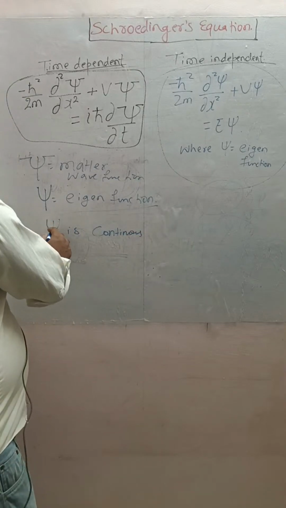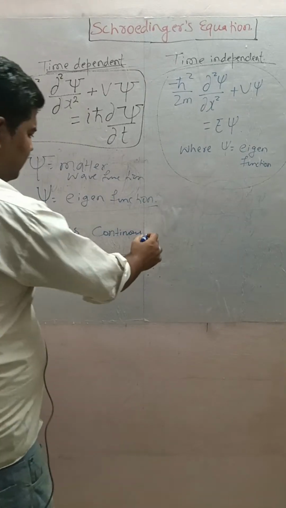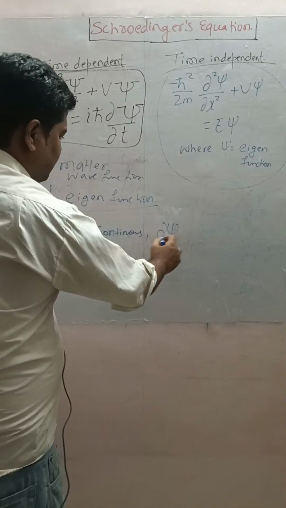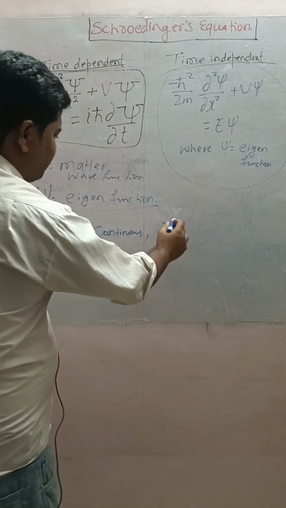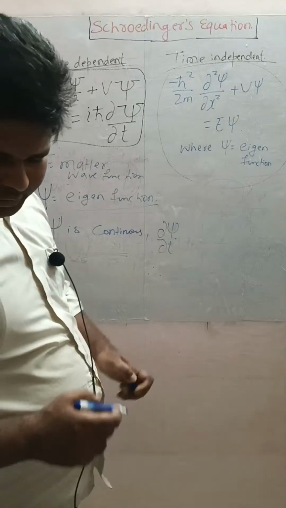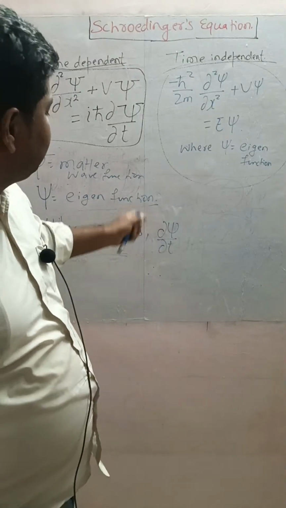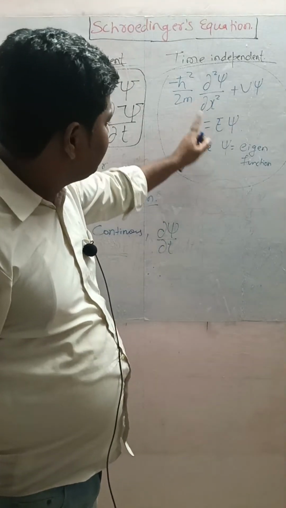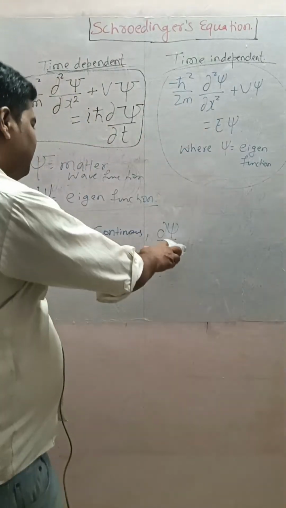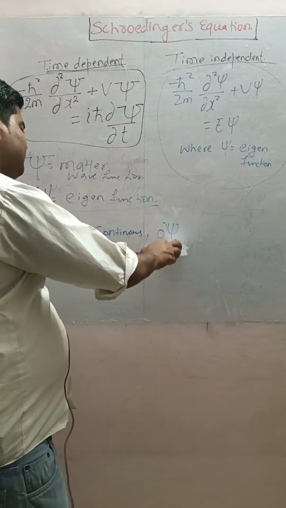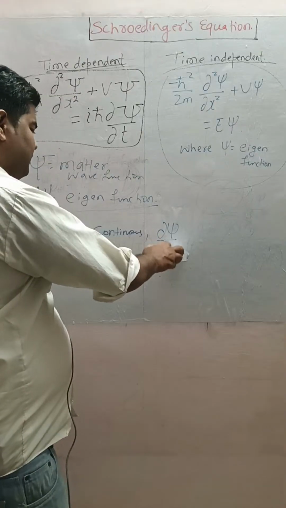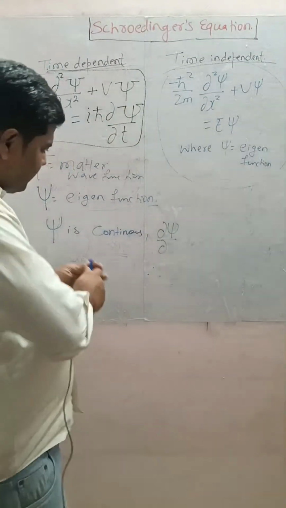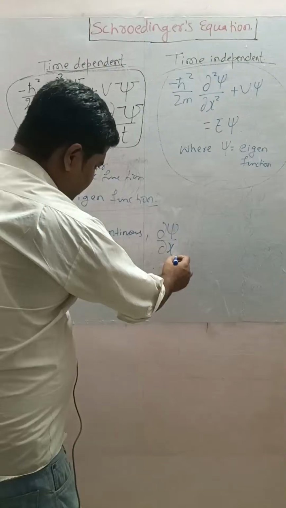This is continuous. It means that differentiation of this with respect to time. No, not with respect to time, because it is time independent. There is no time. That's why it must have a derivative with respect to distance, a space variable.